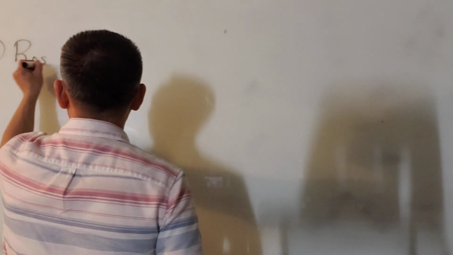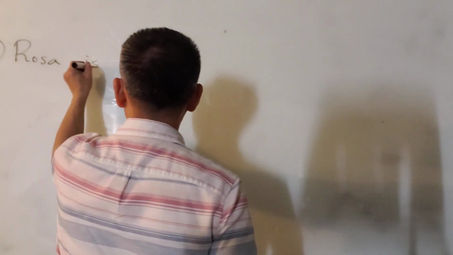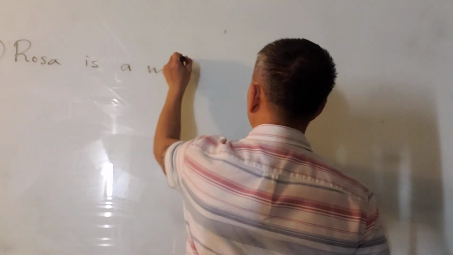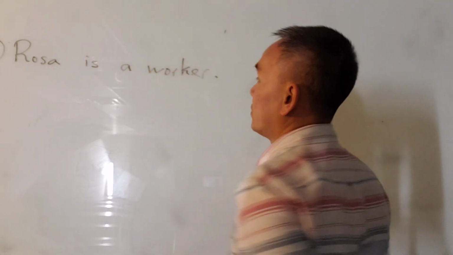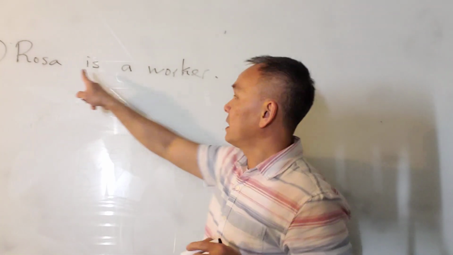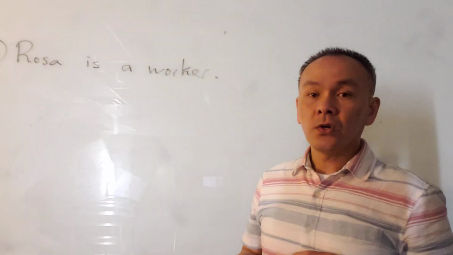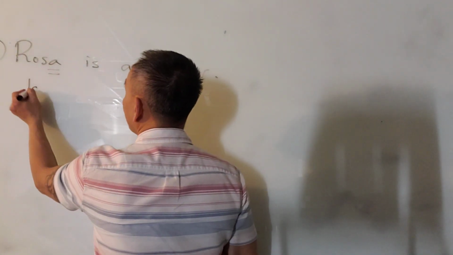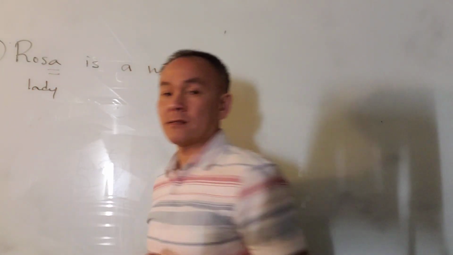Number 2. Rosa is a worker. Normally when there's a name with the letter A, it's usually a lady.